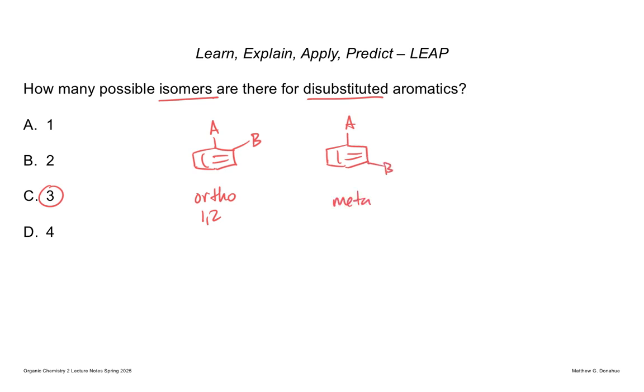This is meta, or 1-3. And this is para. So para is 1-4.